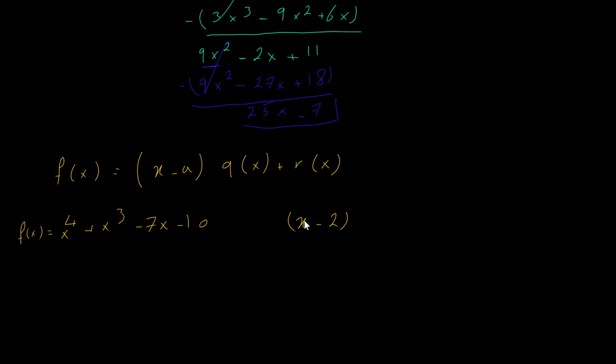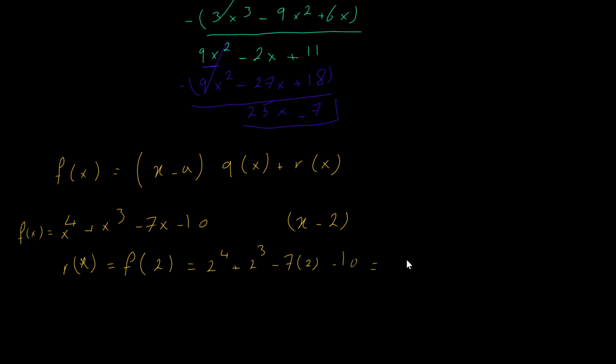But if we are told that we are dividing by x minus 2, we say that the remainder r of x is equal to f of 2. And that is going to be equal to what? 2 to the 4th plus 2 to the 3rd minus 7 multiplied by 2 minus 10.